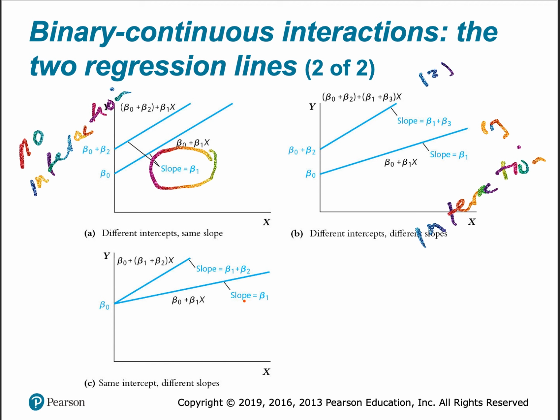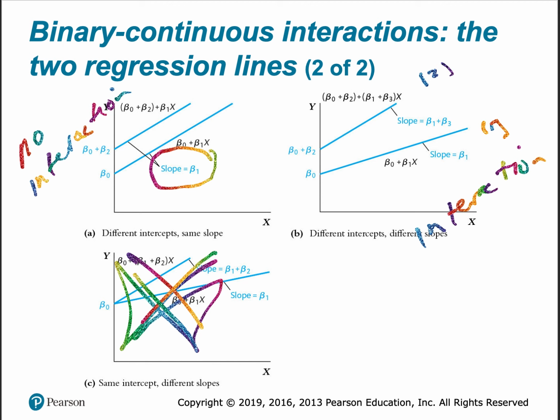Now, this chart down here is kind of a weird chart that would occur if you didn't include the dummy variable as its own distinct individual term. We just don't do that, so we're not going to pay this much attention, because if we don't include the dummy variable as a distinct term in the regression, then we have to make some very specific and restrictive assumptions about the data that aren't usually plausible in practice.